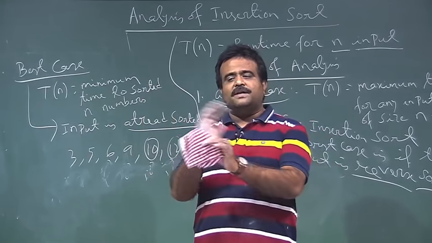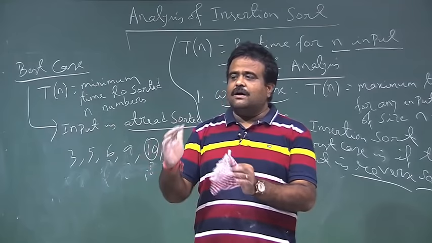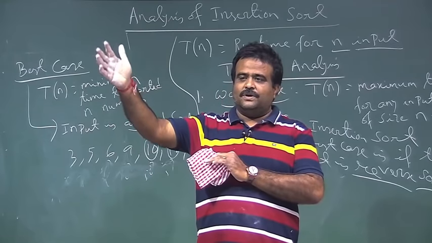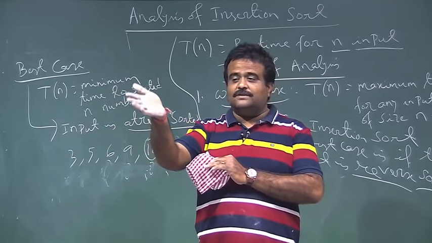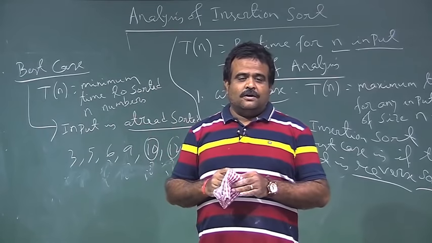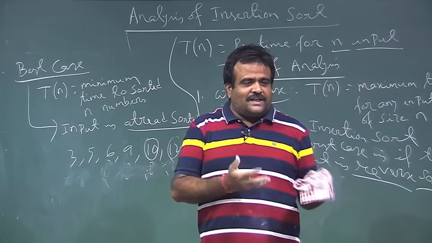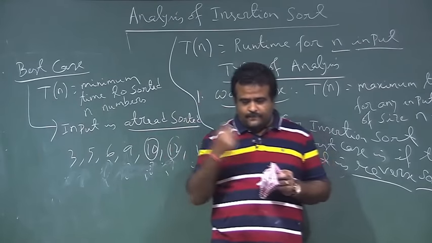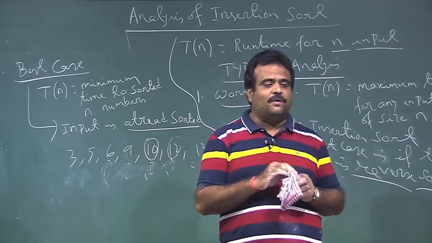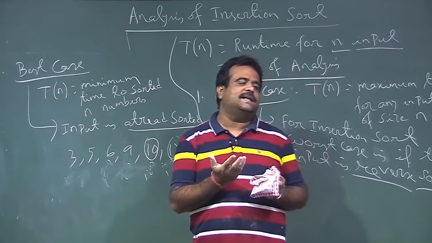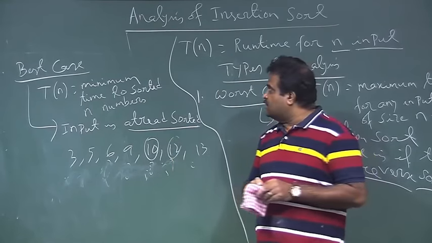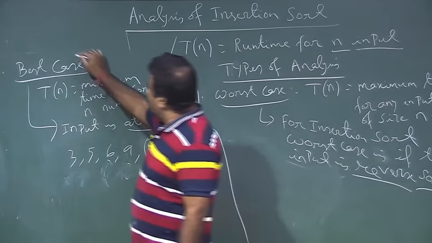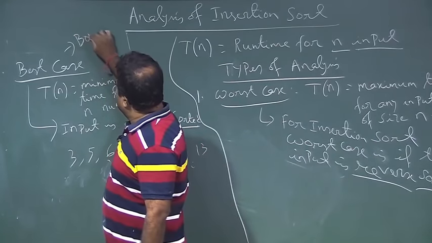With the best case you are not guaranteeing that your runtime cannot go beyond this. For this type of input your code is good, but with the worst case you are saying that whatever input you have, the runtime cannot be more than this. That is a sort of guarantee. If you tell only the best case, the adversary can come with some input where your code performs badly, because you are only highlighting your best case. That is why it is bogus, sort of cheating.